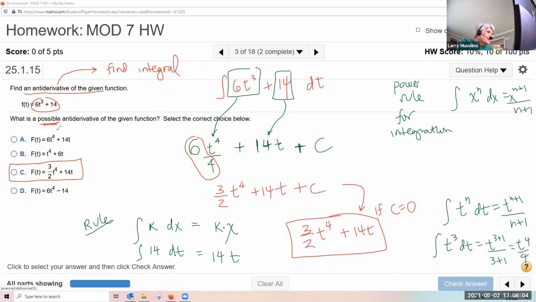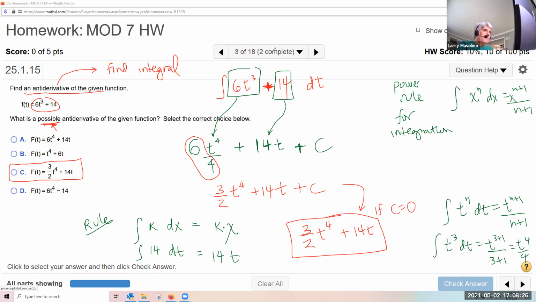So when they say possible antiderivative, they mean c could take on any value. Okay, so this problem was asking you to find an integral, an antiderivative. And when you have expressions being added together, you could take the integral separately of each expression.